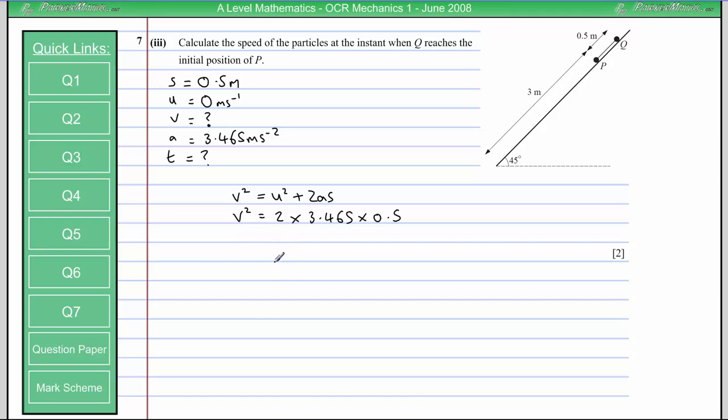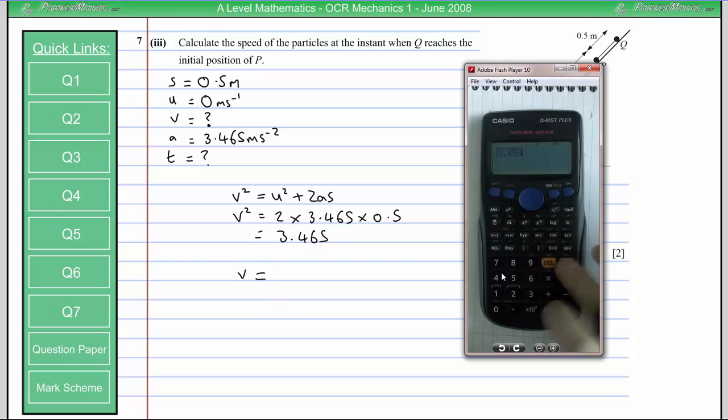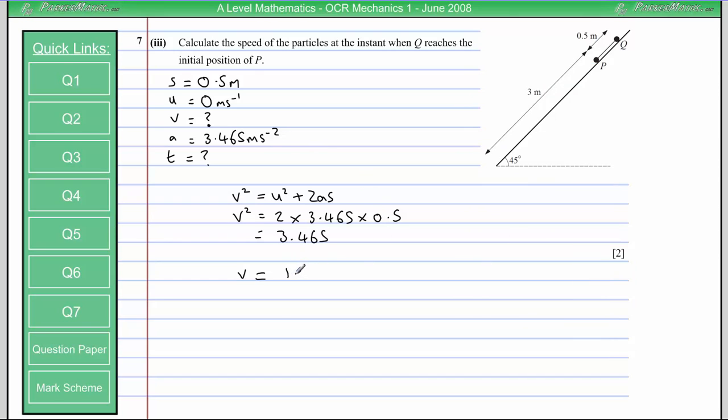Now we could work around that, but we don't actually need to, because if you look at this calculation we're doing 2 times 0.5, which is 1, so we're only going to times this by 1, which means we won't affect the level of accuracy. So we can say that V squared to 3 significant figures is 3.465. So to find V, we'll just need to square root that. Which gives us 1.86 to 3 significant figures.